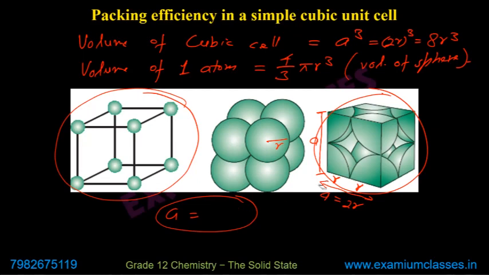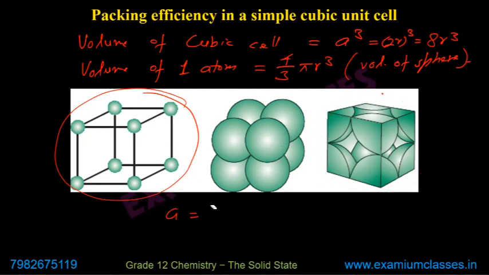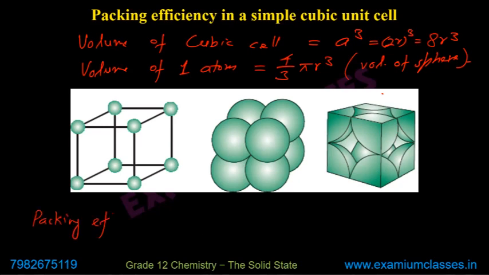Now we can apply the formula. The formula of packing efficiency will be volume occupied by atoms divided by total volume into 100. So packing efficiency will be volume of the atom, 4 by 3 pi r cube, divided by total volume 8 r cube, into 100.